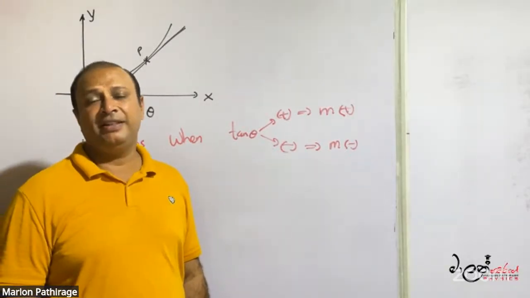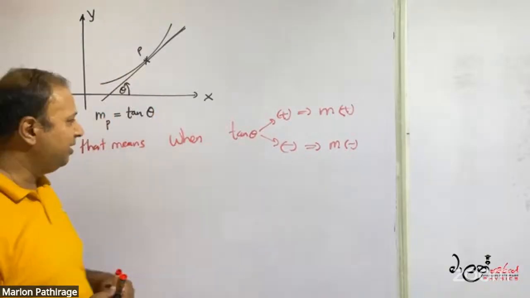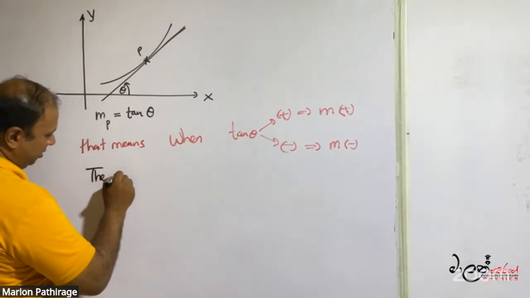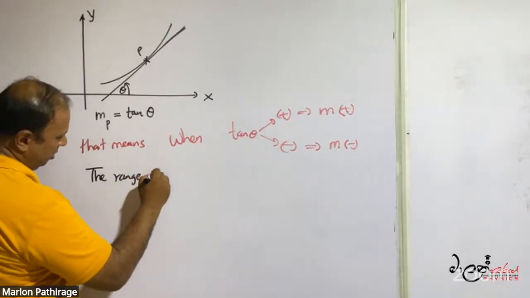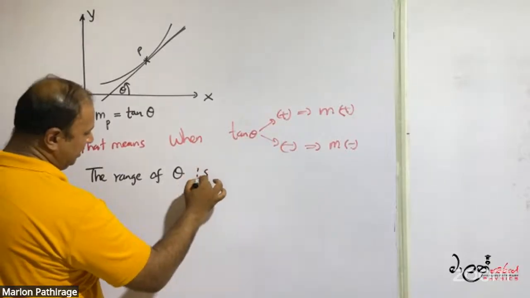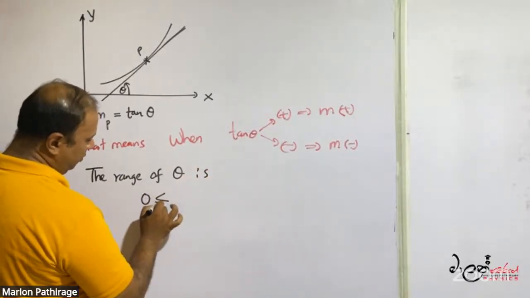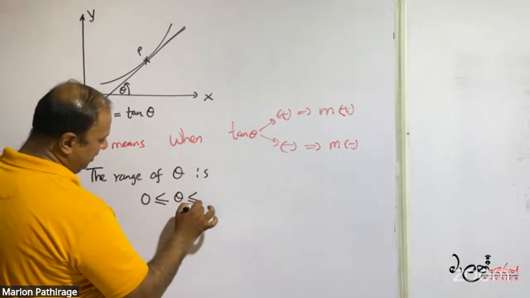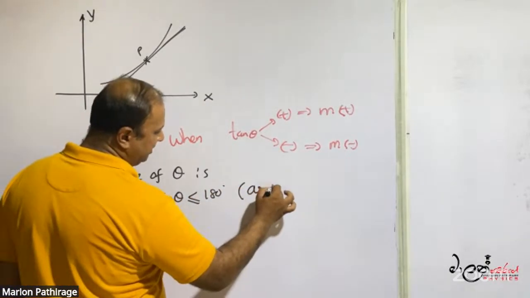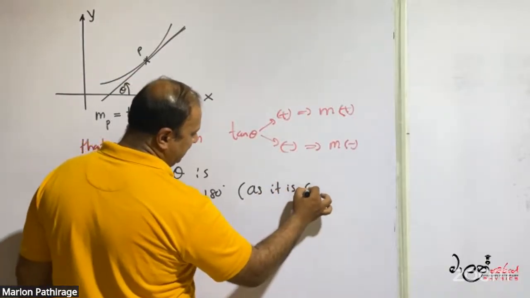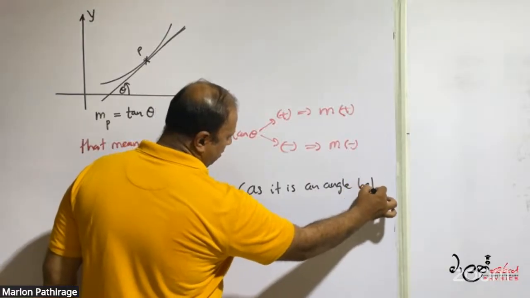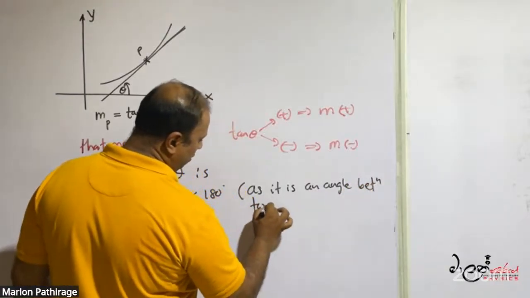Therefore, the range of theta is 0 to 180, as it is an angle between two straight lines.